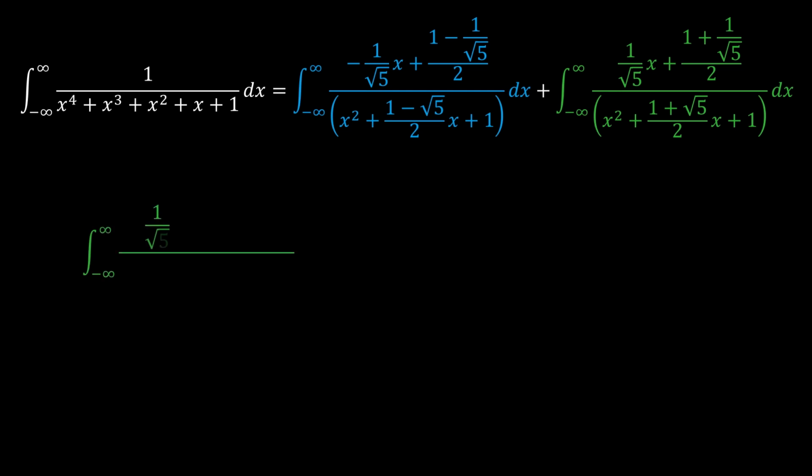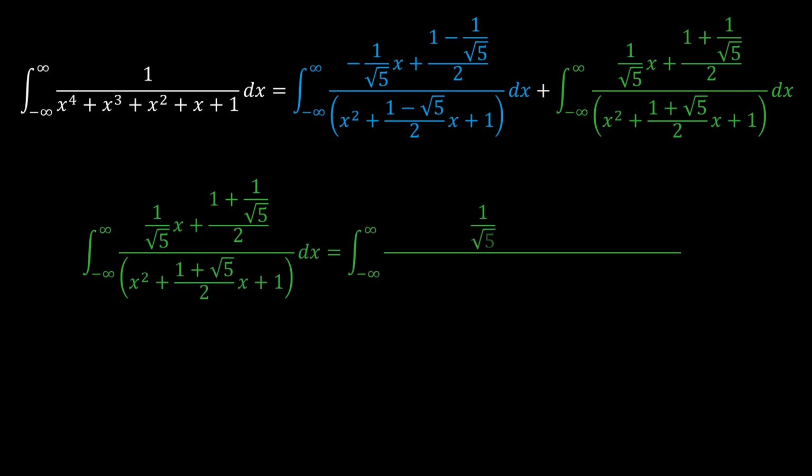Since our integral now involves blue and green, now we're going to focus on the green integral, and we'll use the same steps that we used in solving the blue integral. First, we want to create a perfect square involving the x term.